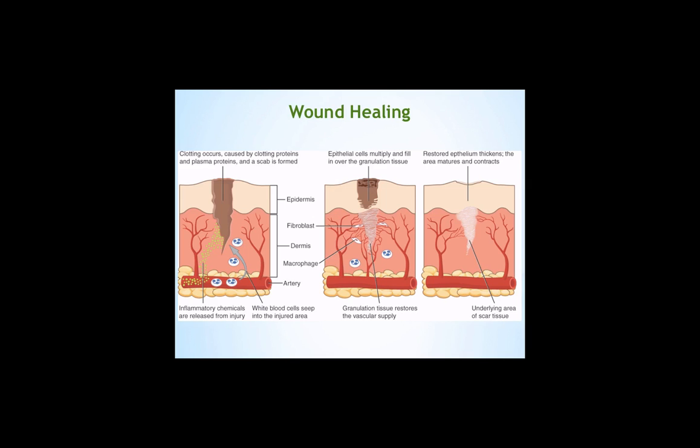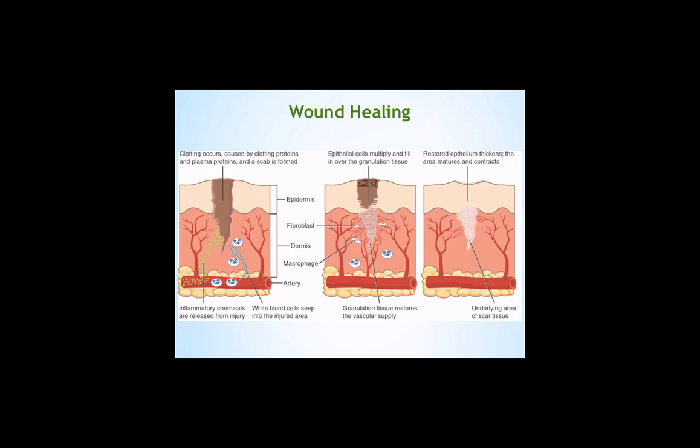In the center, you've got the granulation tissue, which is restoring the blood vessel supply, and above that you've got the scab. Now, if you remove the scab, healing is not complete. You'll start bleeding from that granulation tissue because it's very vascular.